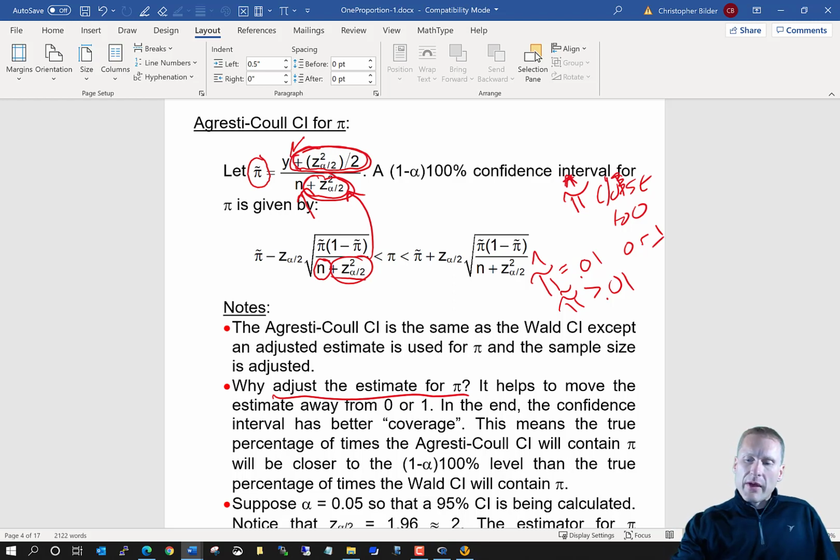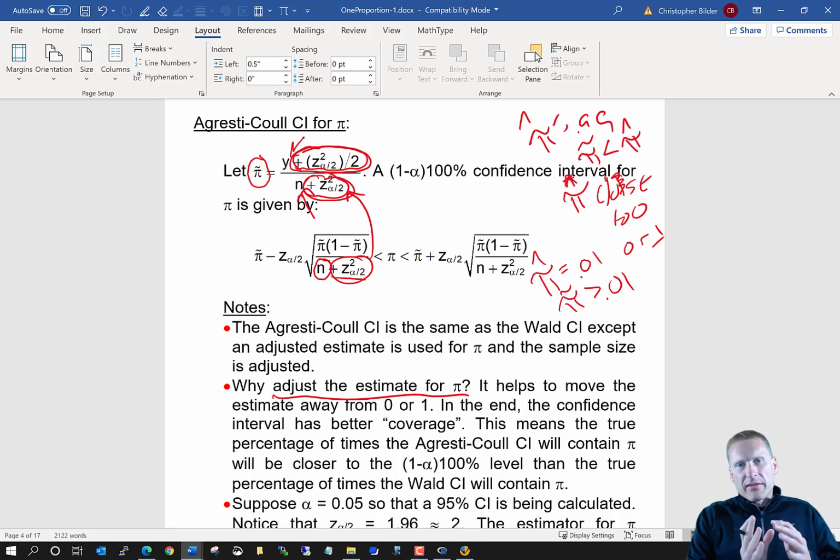In a similar manner, if pi hat was 0.99, then pi tilde will be a little bit less than that 0.99. Again, this moves the estimate a little bit farther away from that borderline.